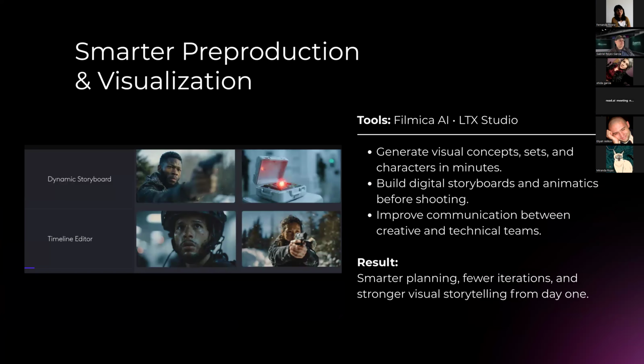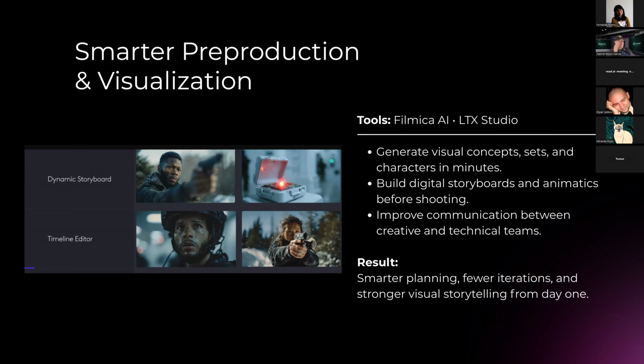Another amazing tool is LTX Studio and Filmica. I love Filmica because it helps you with a cumbersome process, and I mean the creation of the breakdown of a script, the catalog, and even the budget of a script.